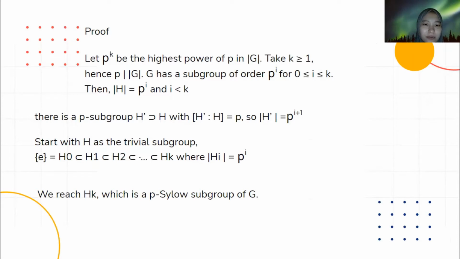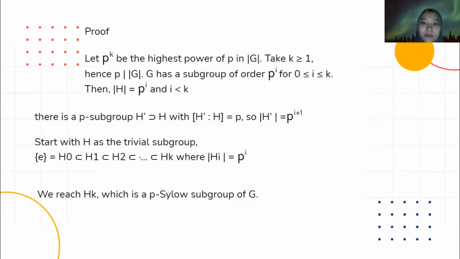Our strategy for proving this theorem is to prove a stronger result: G has a subgroup of order P to the power of I for I between 0 and K. More precisely, if the order of H is P to the power of I and I is smaller than K, we will show there is a P subgroup H prime containing H with index P, so the order of H prime is P to the power of I plus 1.